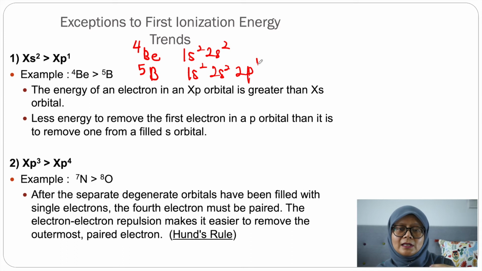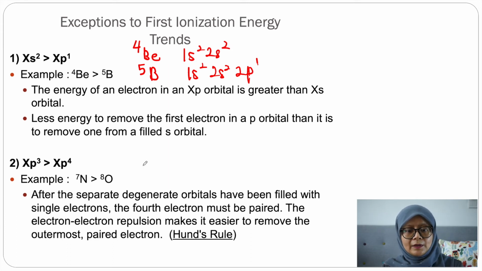It is easier to remove one electron from boron, at the p orbital, because it has only one electron in the p subshell. For beryllium, you need to remove an electron from the 2s. So the first ionization energy for boron is much smaller compared to beryllium.